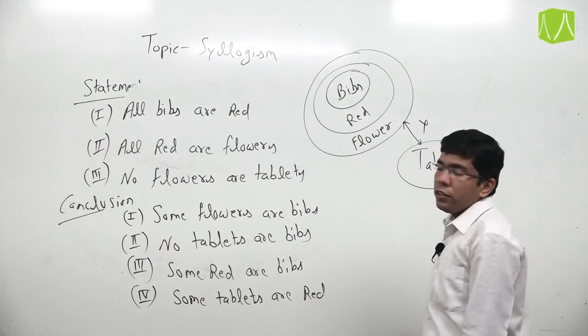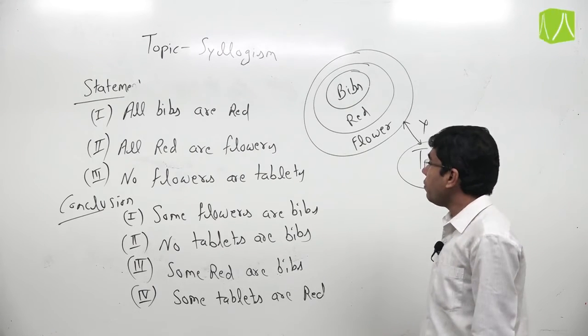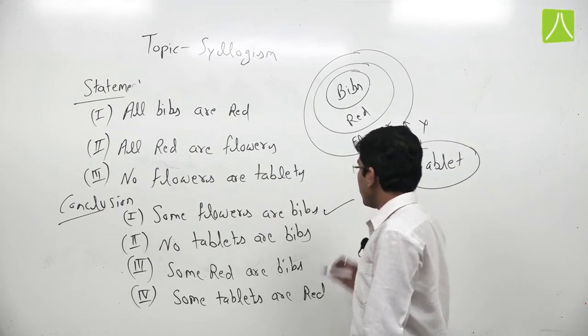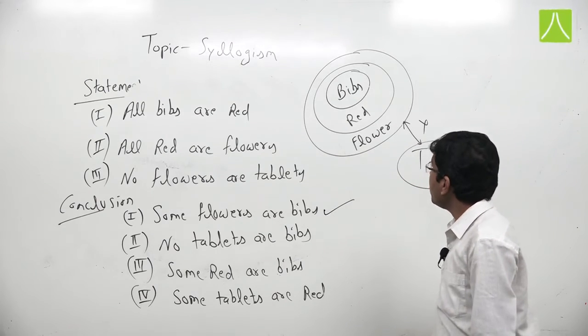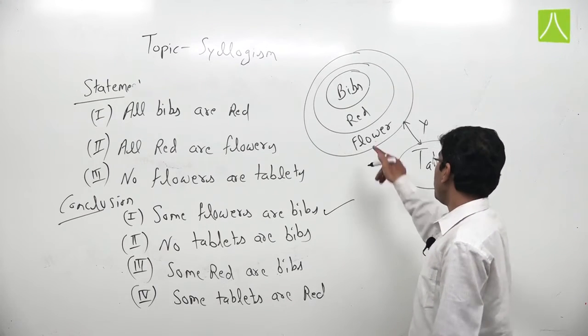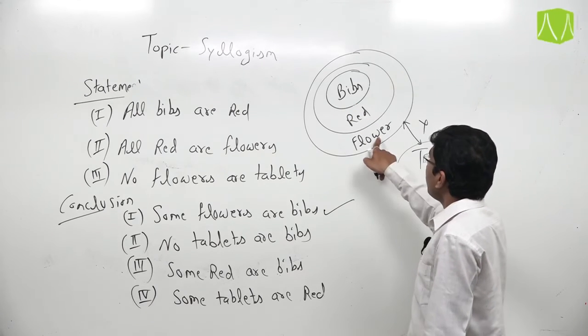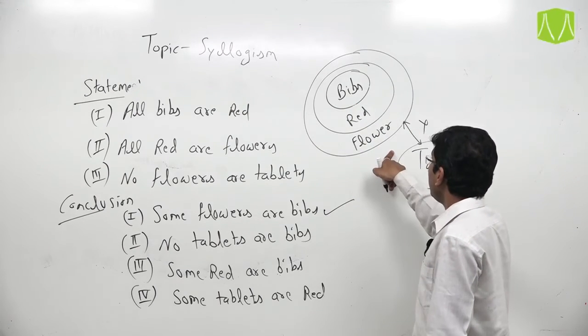Now, according to the diagram, some flowers are wives. Flower and wives connected. First conclusion is correct. Second, no tablets are wives. Obviously, wives is covered with the tablet and flower is not connect to the tablet.